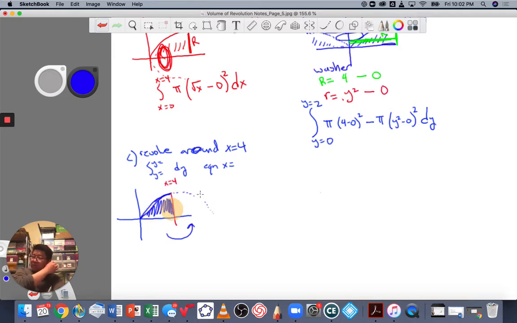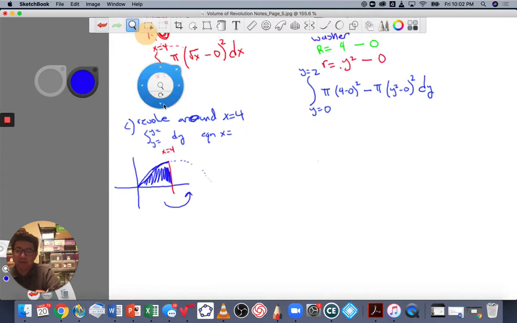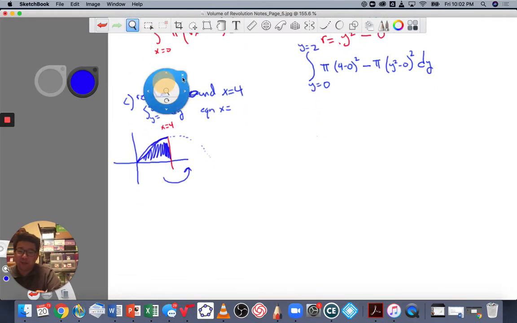It's going to be kind of like a Nilla wafer. I'm hungry now, but yeah. So it's going to be like a little flat mound, but it's not going to be hollow. So what this is telling us is that this will be a disk technique. So all we need is one single pi r squared to do this one.